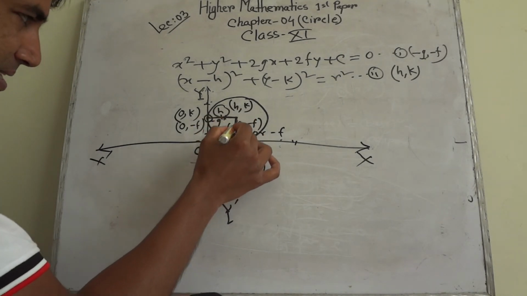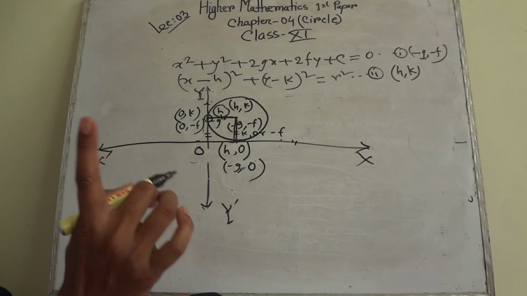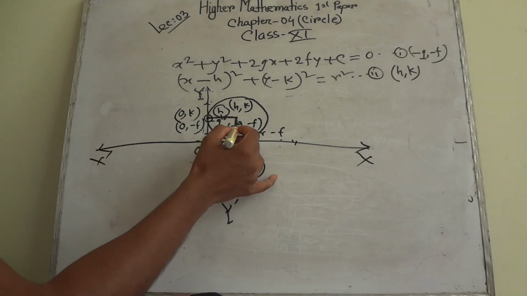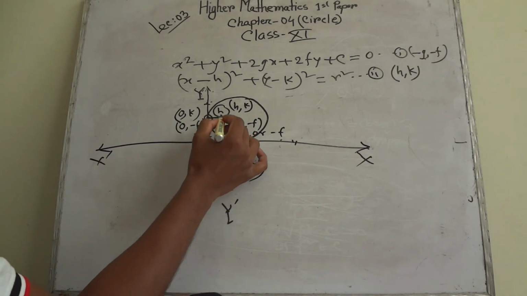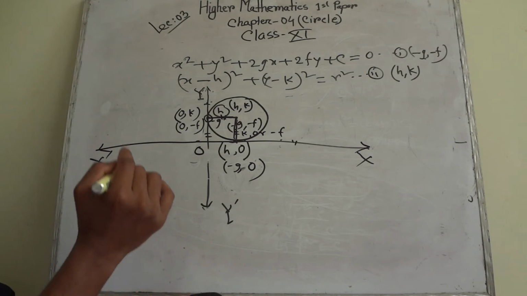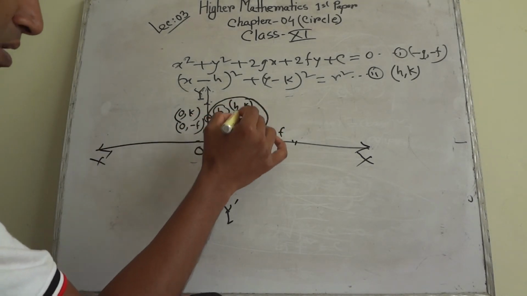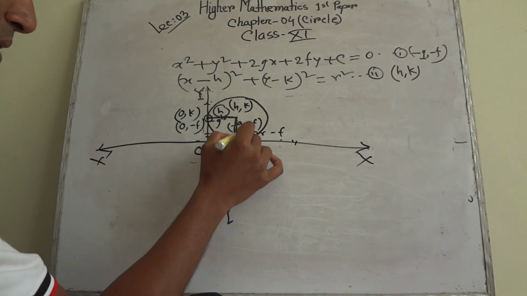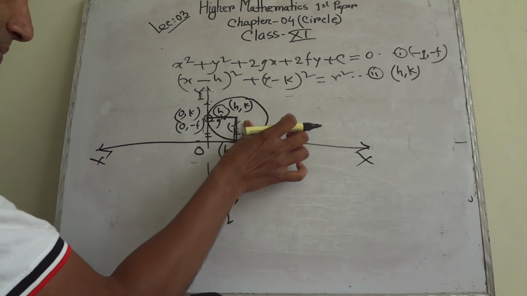that means this measurement and this measurement are both radius. So the measurements of this and this are equal. As this and this are equal, we can convert any one of these terms. That means you can take this as h, you can also take this as h, or you can also take this as minus g. Clear?